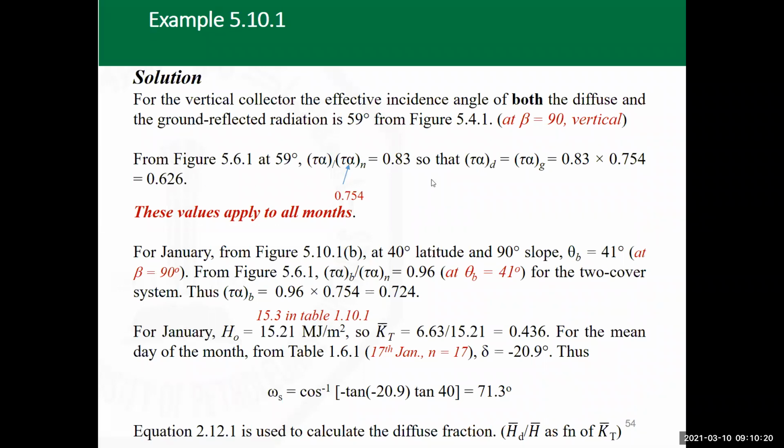So the value of tau alpha for both diffuse as well as ground reflected radiation is given here.